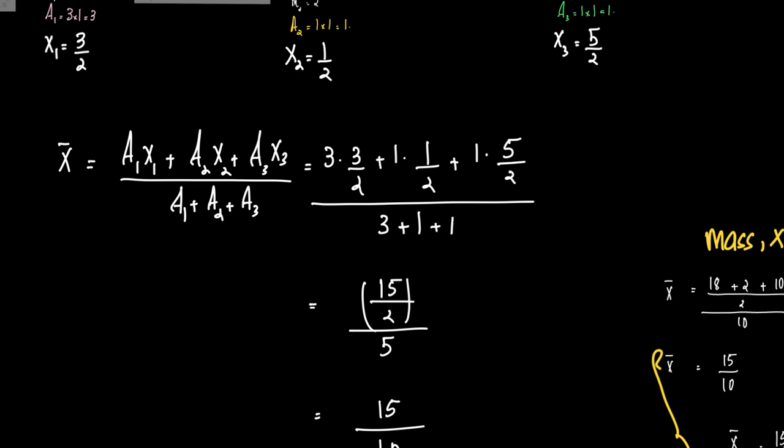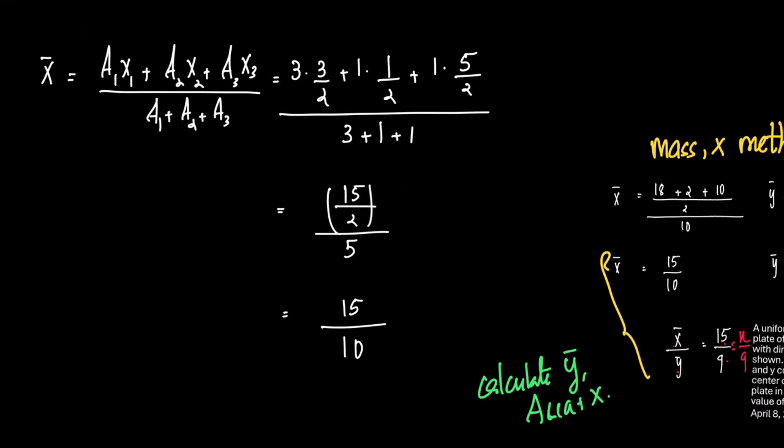What is a1? It is 3. So it's 3 into 3 by 2 plus 1 into 1 by 2 plus 1 into 5 by 2, the whole upon 3 plus 1 plus 1, which is 5. The numerator is 9 plus 1 plus 5, 15 by 2, divided by 5, which is 15 by 10, which is 1.5, right?